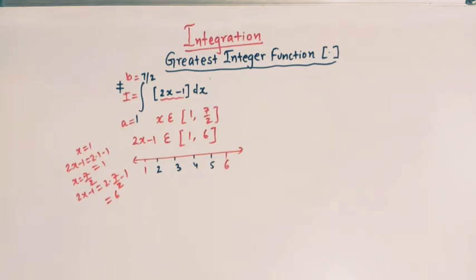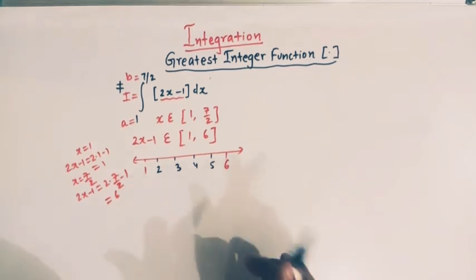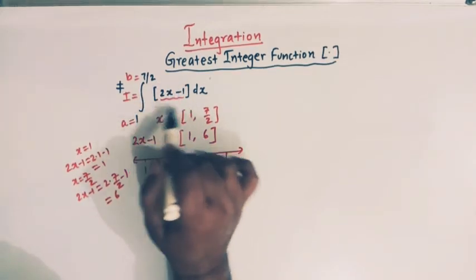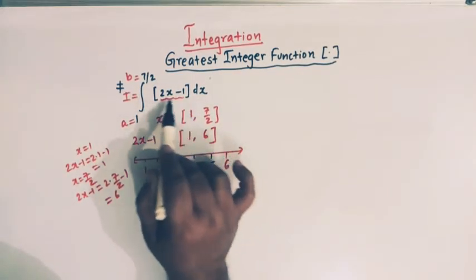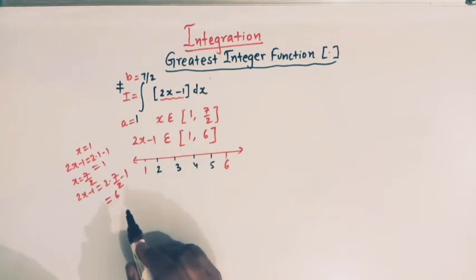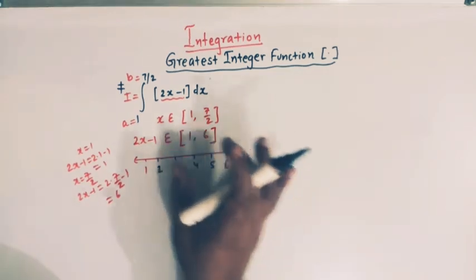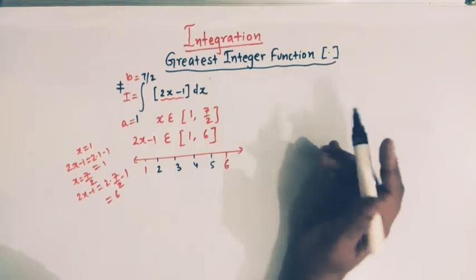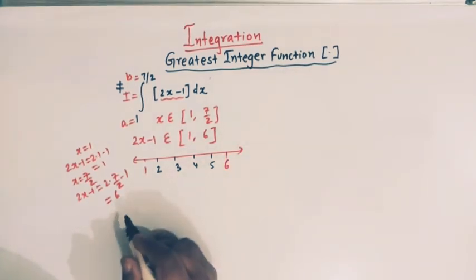Now our next aim is to express this greatest integer function 2x minus 1 as a piecewise function, so we'll split the function into different intervals.